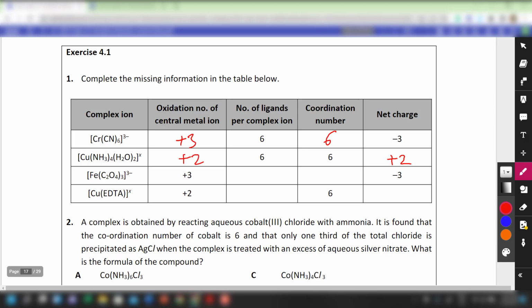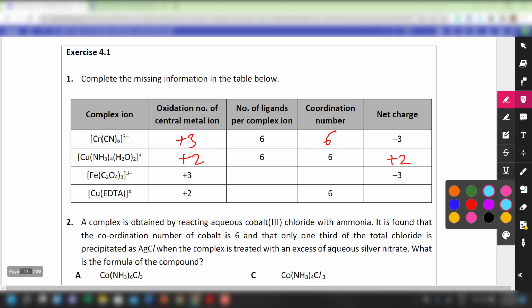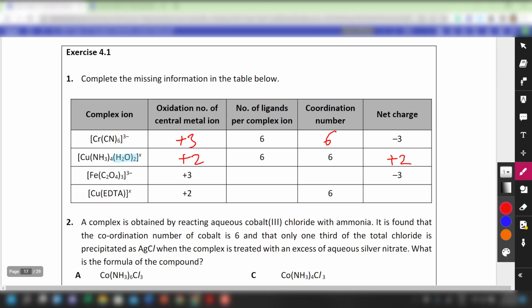Some of you might be wondering, for the longest time we have been calling the complex tetraamminecopper 2 complex. Why are 2 water ligands sometimes being written? Some of you might question the legitimacy of the 2 water ligands. The 2 water ligands are actually weakly bound to the copper 2 center in the axial direction.